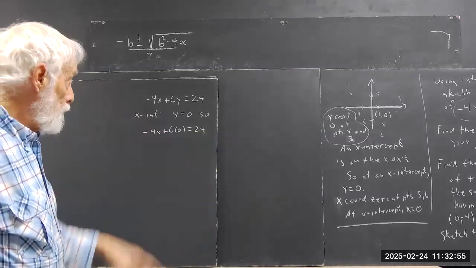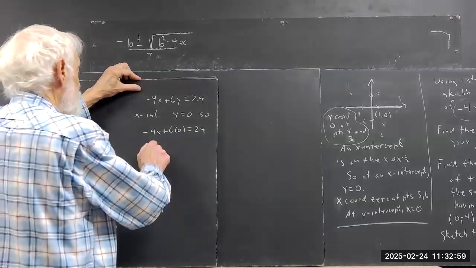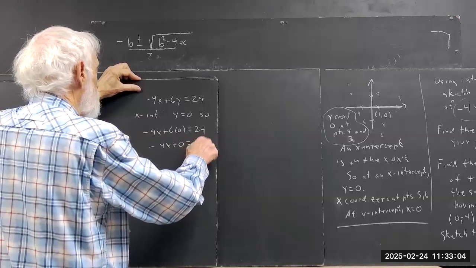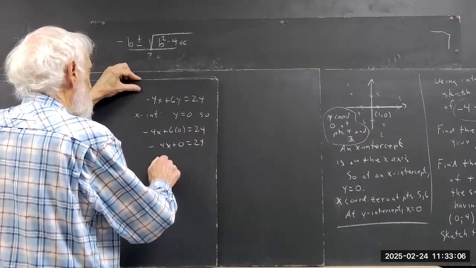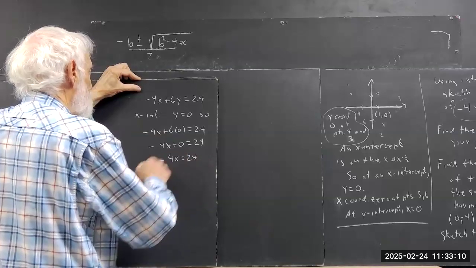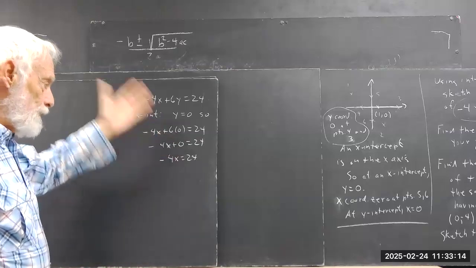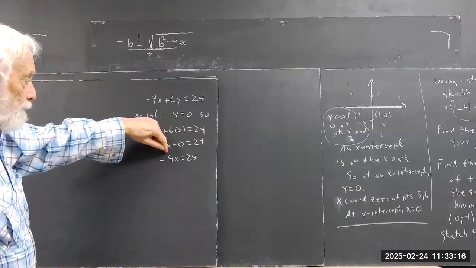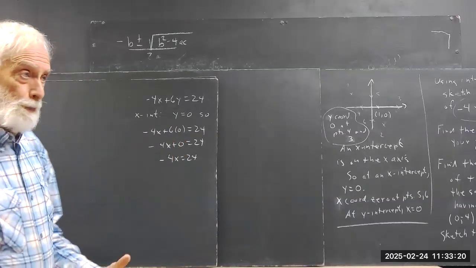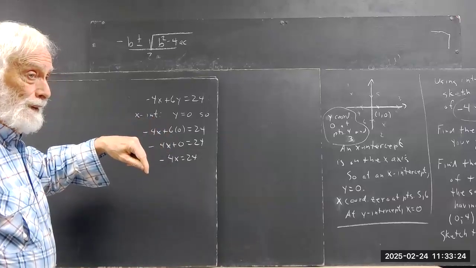So once we write this down, we can solve this for x, right? That gives us negative 4x plus 0 equals 24, which means that just negative 4x equals 24. Now, don't make the mistake of thinking you can add 4 to both sides to make something go away. You can't add 4 to both sides of this equation and have any good effect because this is 4x.